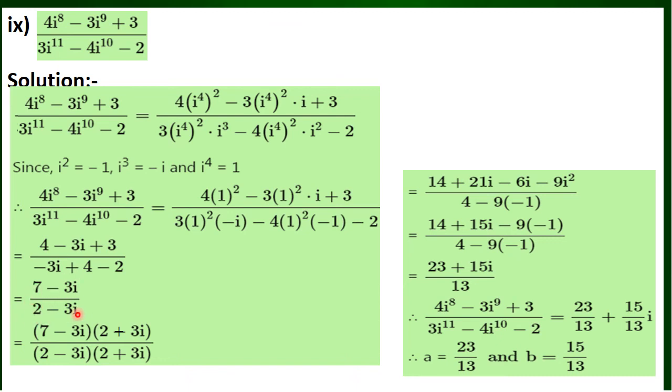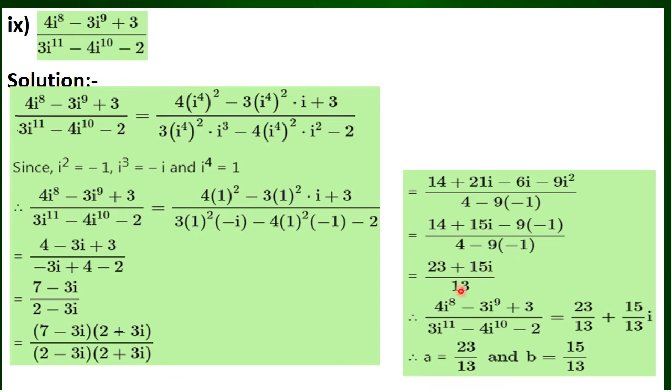Now we simplify by multiplying the conjugate of the denominator with the numerator and denominator, that is (7 − 3i) into (2 + 3i), and (2 − 3i) into (2 + 3i). The conjugate of the denominator is 2 + 3i, so both numerator and denominator are multiplied by 2 + 3i. On simplification we get (23 + 15i) upon 13.